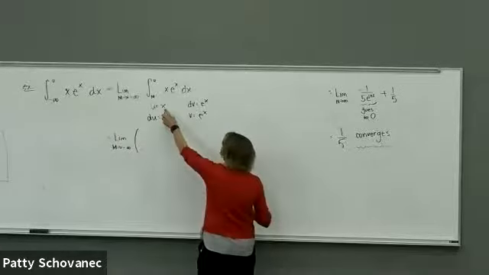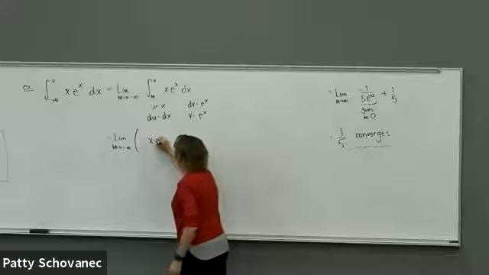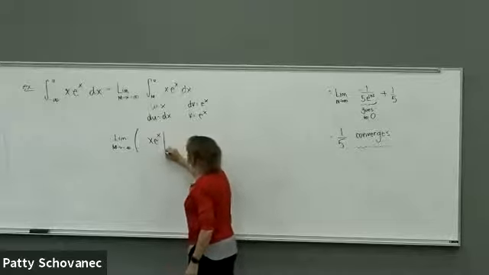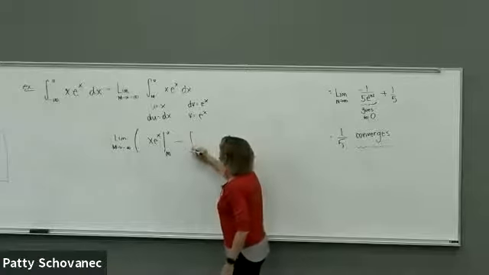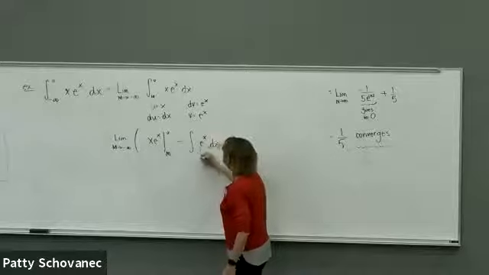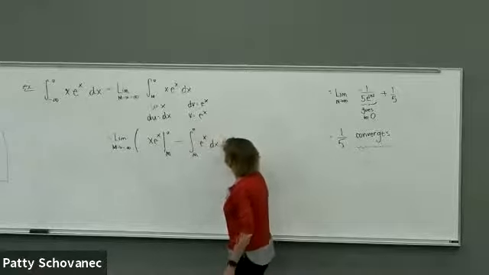And so we've got u times v, x e to the x, evaluated from m to 0, minus the integral of v times du, evaluated from m to 0.